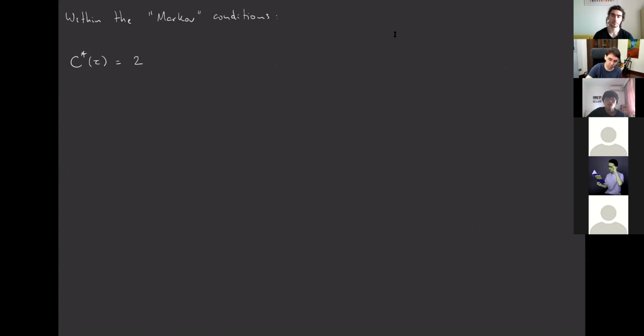So I can do the same trick that I did before in general for any function f of k. That is that instead of the integration from minus infinity to infinity, I do it from 0 to infinity. And we get this. This is the correlation function. And now we do the Markov-like approximation, which is the following.